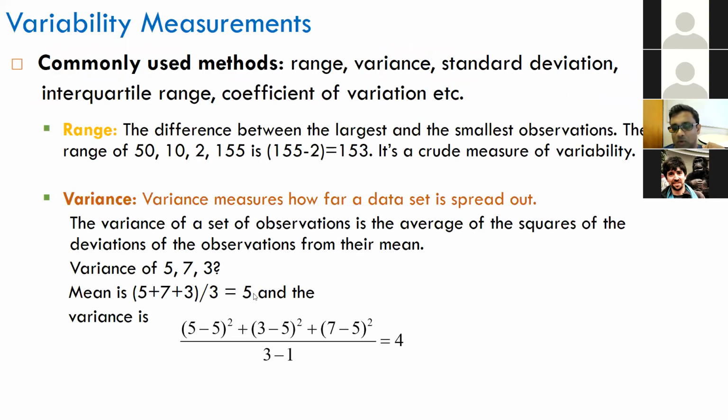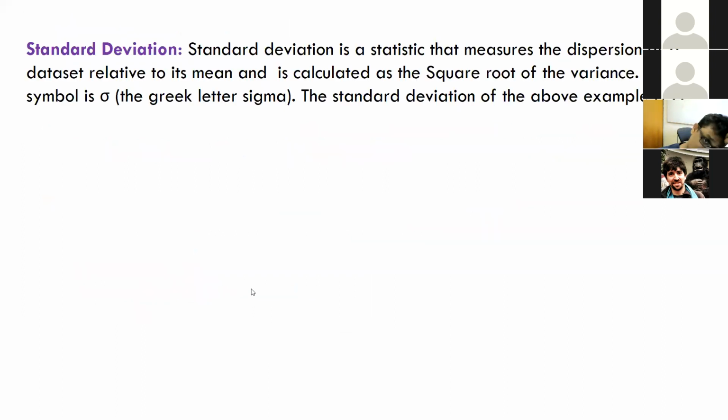You can have deviation from 5 plus 2 or 5 minus 2, which is 7 and 3. So 7 comes from 5 plus 2, your standard deviation, and 3 from 5 minus 2. So that's how standard deviation comes.